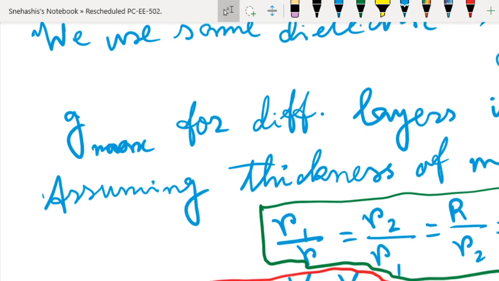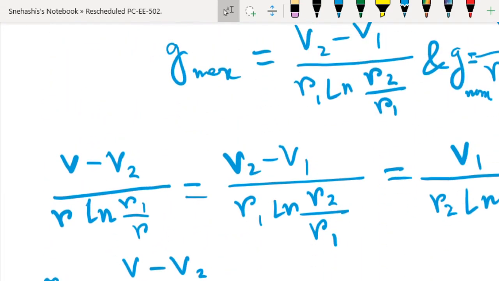These ratios are alpha. This is equal to V2 minus V1 by R1 ln alpha equal to V1 by R2 ln alpha.